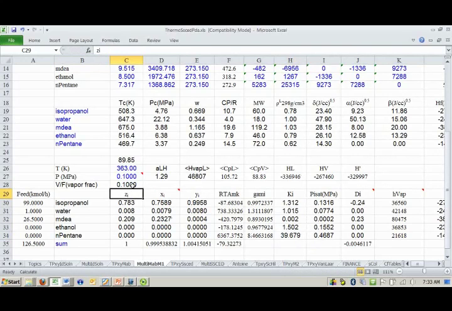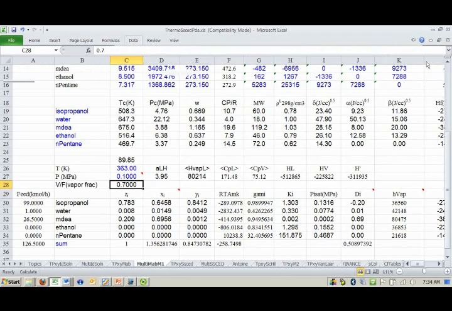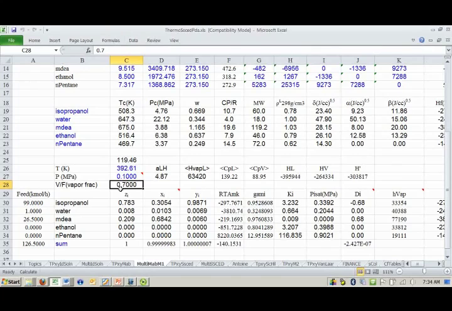And now what we can do is sneak up on that dew point calculation. And really, we ought to be calling the solver to update our temperature until the D sum to 0 and so forth and so on.